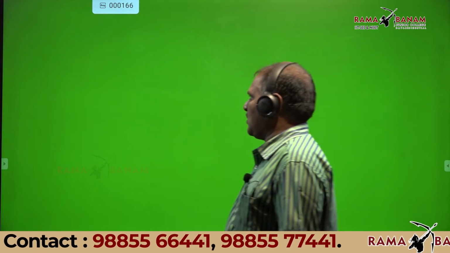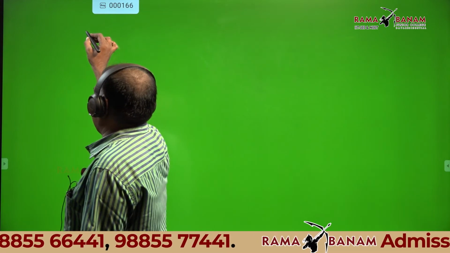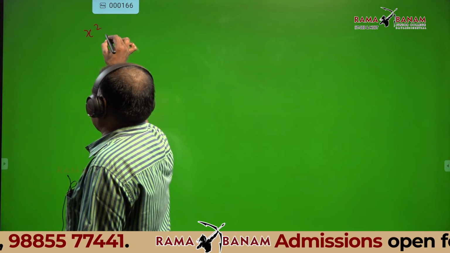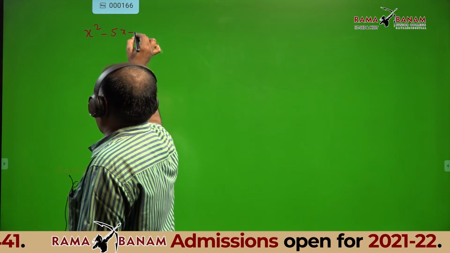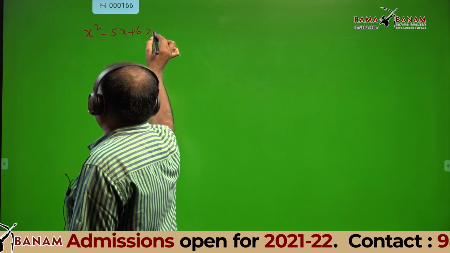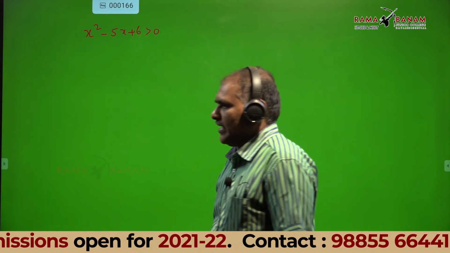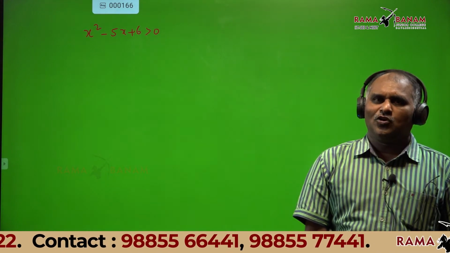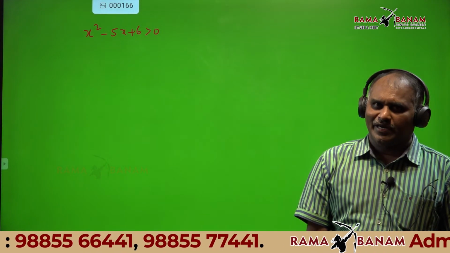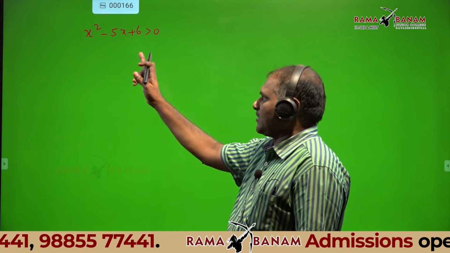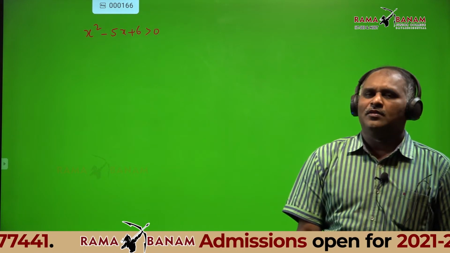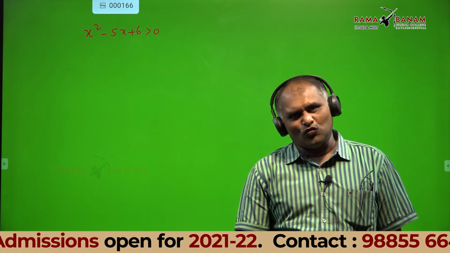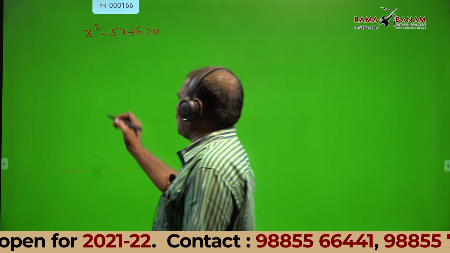For example, suppose the quadratic is x squared minus 5x plus 6 greater than 0. How do we find the factors of that quadratic? What are the factors? Anyone? 2 and 3. The roots are 2 and 3.